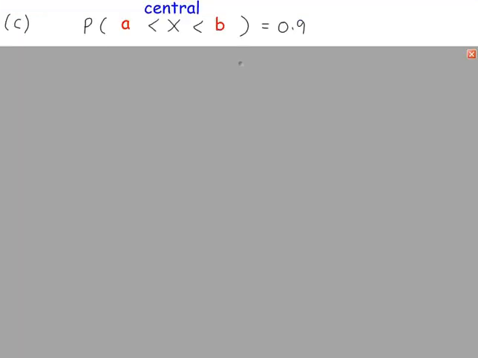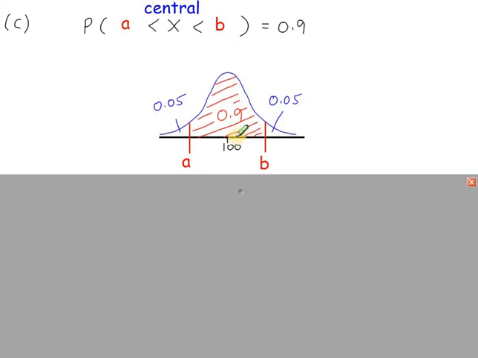Part C, this time we're given the central 90% of the distribution is in between these two values. So on the sketch, the mean is in the center, and the sketch is symmetrical because the 90% is right in the center, so it's central.